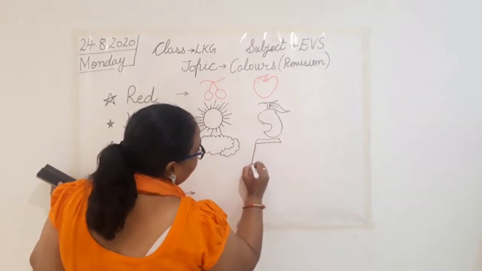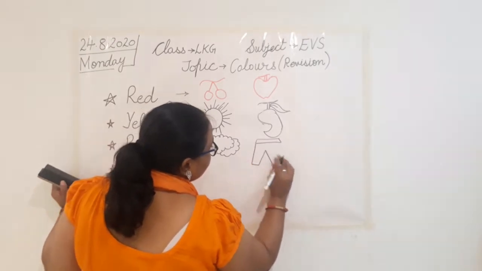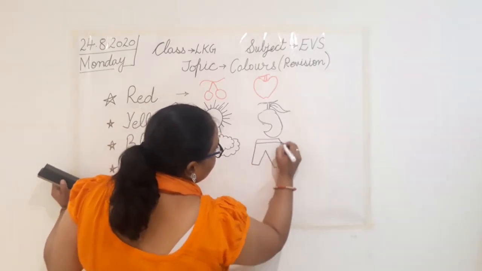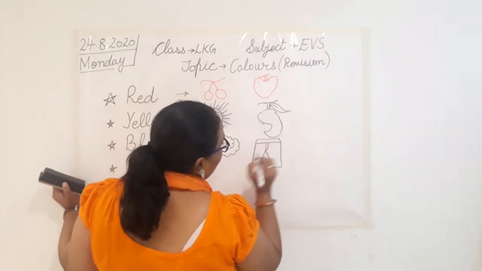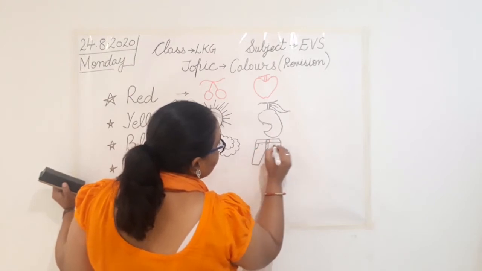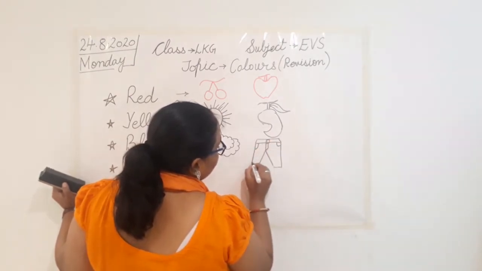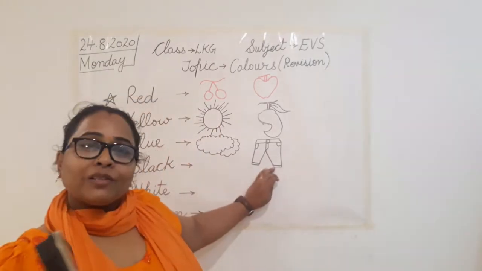After that, come down like this. Clear? And like this we'll join it. So this is our belt, pockets. So easy to draw a jeans pant also.